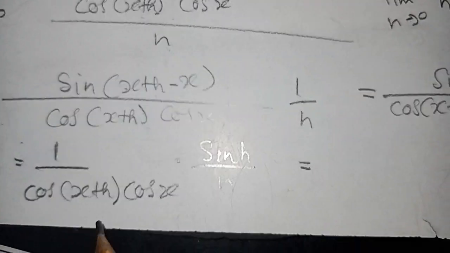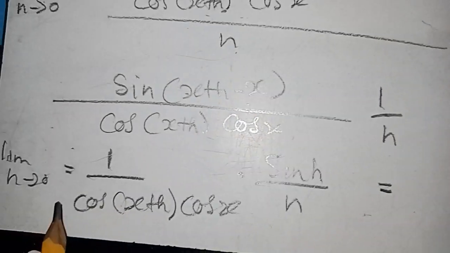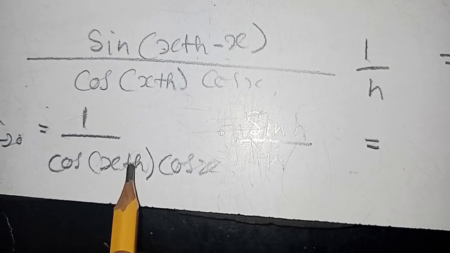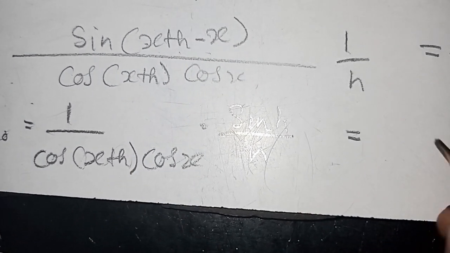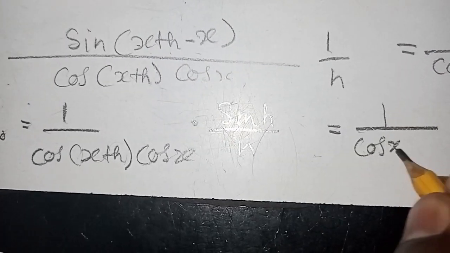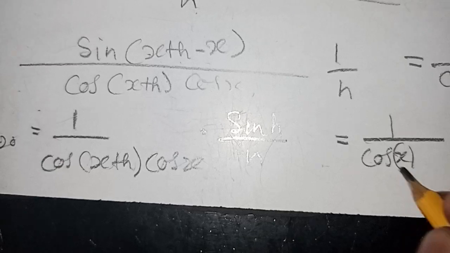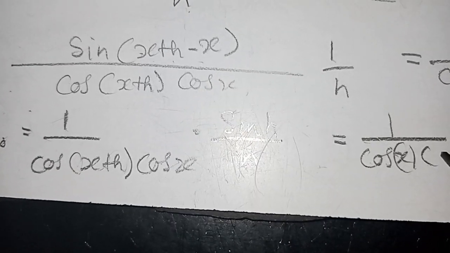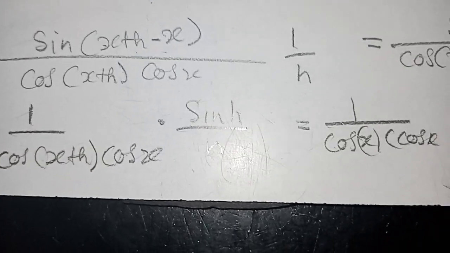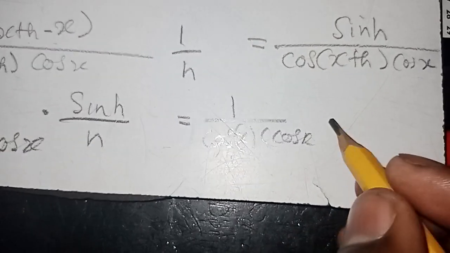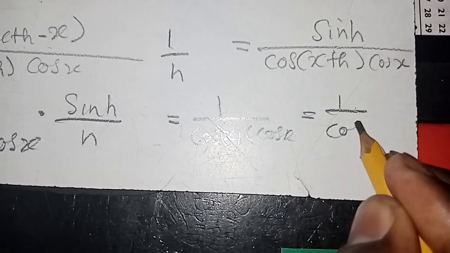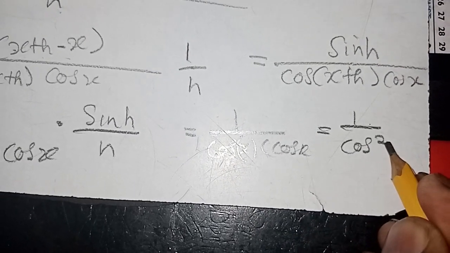Now, since we've applied the limit, if we replace h with 0 in this function, we're just going to have cos x multiplied with cos x again. Now you're familiar with this function. This is 1 over cos squared x.